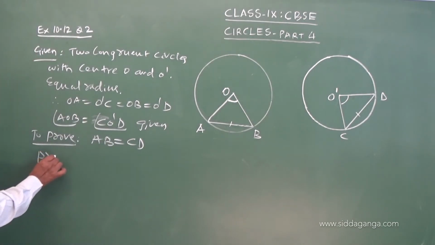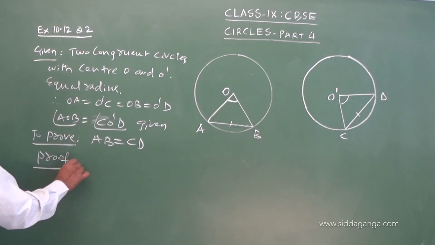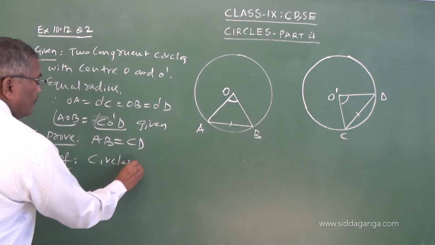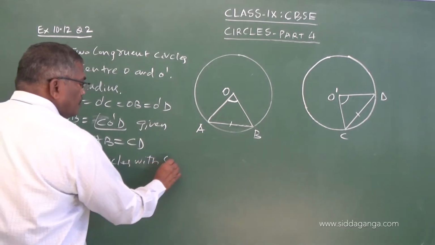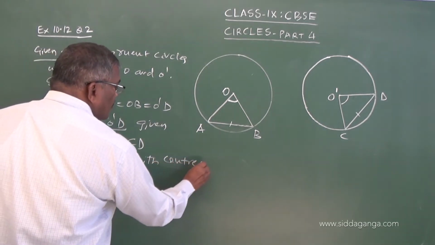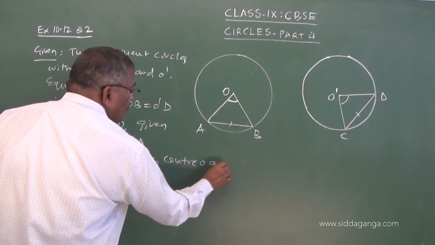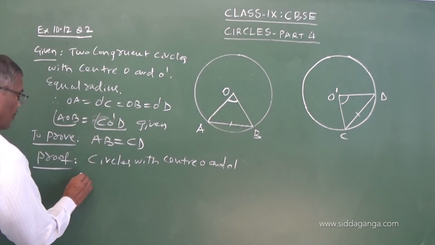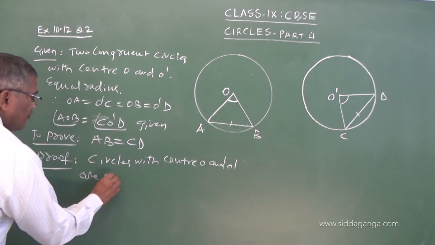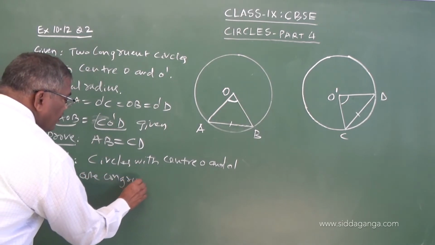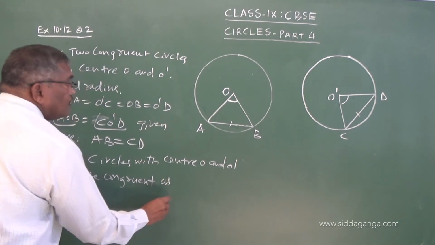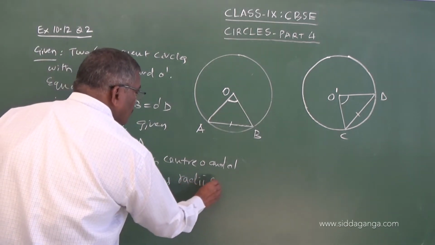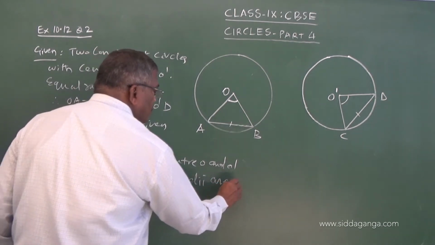Proof. Circles with centers O and O dash are congruent as the radii are equal.